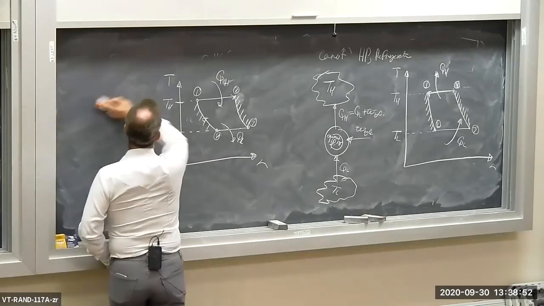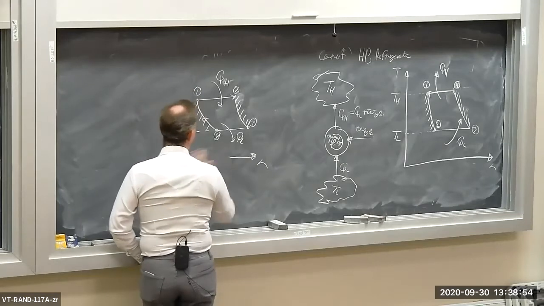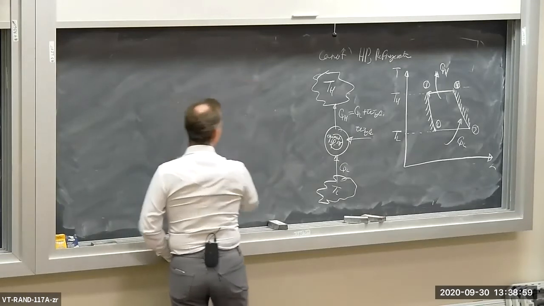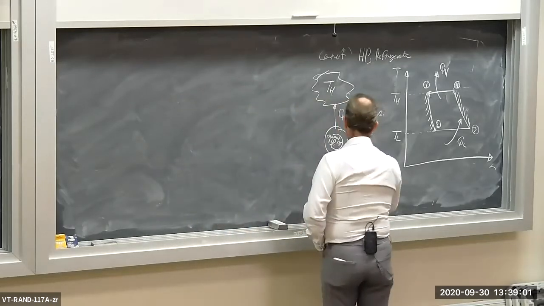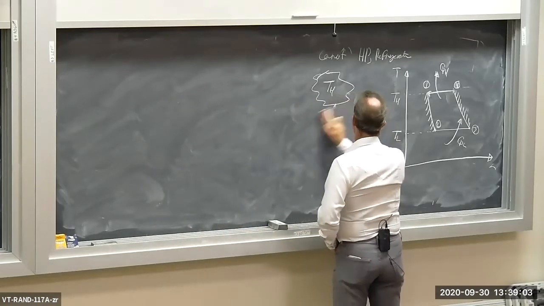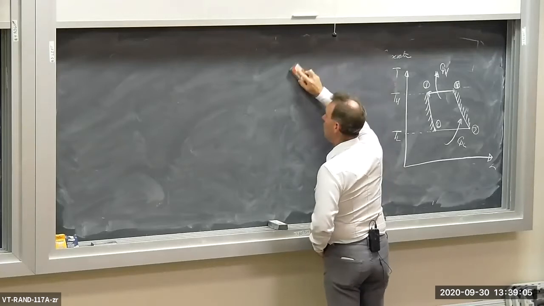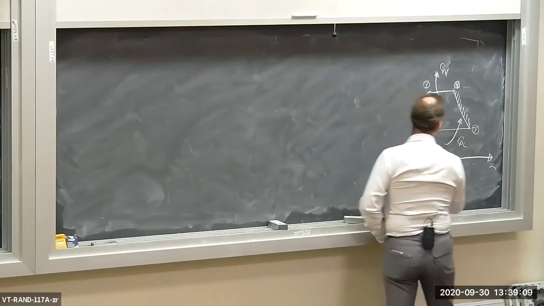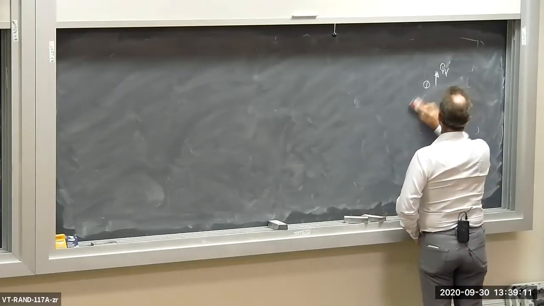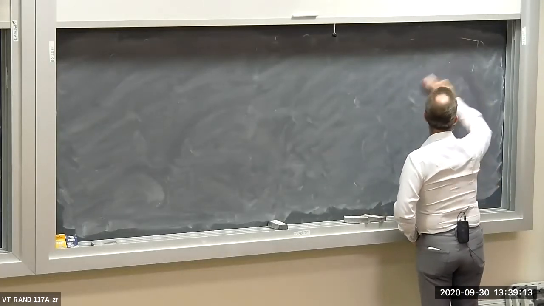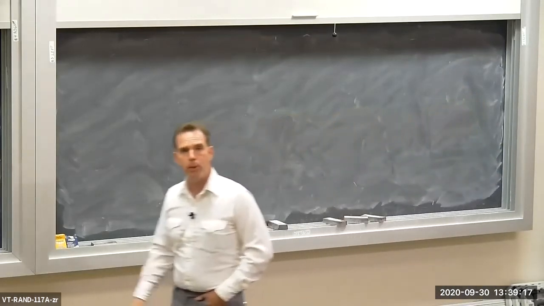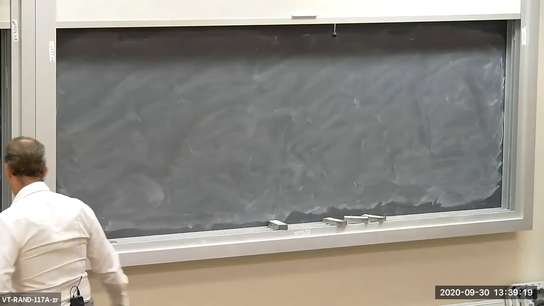There's something a little bit disconcerting about designing your devices, your heat pumps, your refrigerators, by referencing pictures which tell you what is and is not possible. We do have the ratio of the heat transfer being equal to a ratio of temperatures for a reversible process. That helps. But it would be nice to get rid of the pictures entirely and express the second law purely in mathematical form. That's what we're going to do today.